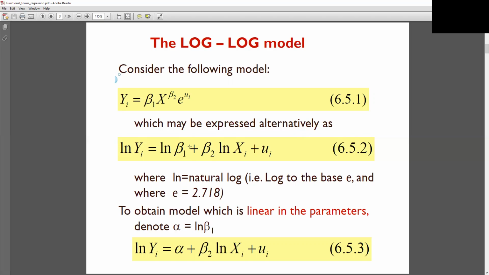If, for example, we have beta 2 squared, it means beta 2 is raised to the power 2. It means the model is linear in variables but not linear in parameters. Then that's a problem: you won't be able to interpret properly. So the model is linear in parameters.